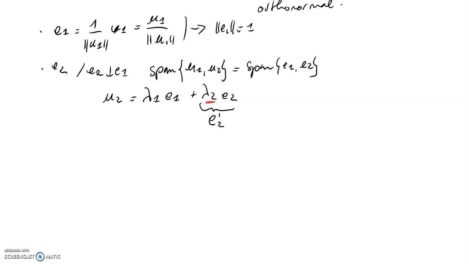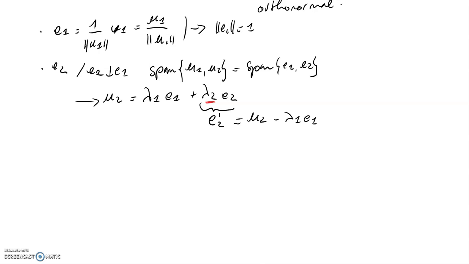So E2 prime is collinear to E2, right? In other words, I'm going to find E2 prime and then I will normalize E2 prime in order to get my orthonormal vectors E1 and E2. Okay, so from that previous expression, I get that E2 prime is actually equal to U2 minus lambda 1 E1.